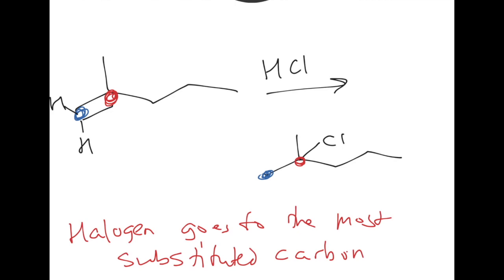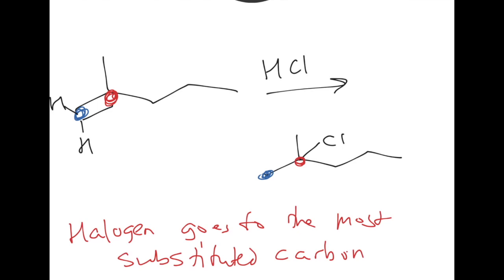So it really boils down to where are you putting the chlorine? That's the thing that you have to show after the reaction's done. So your hydrogen goes on the least substituted carbon, which is the carbon that has the most hydrogens, and your halogen goes on the most substituted carbon, which is the carbon that has the least number of hydrogens on it. So that's what you're looking for.